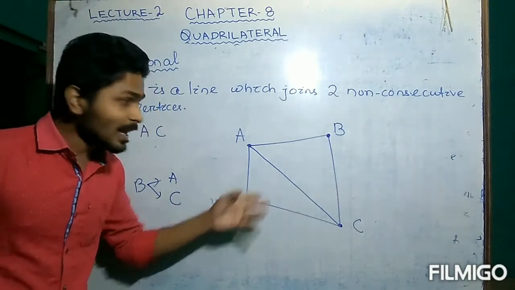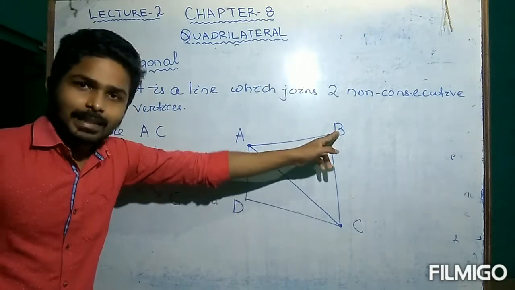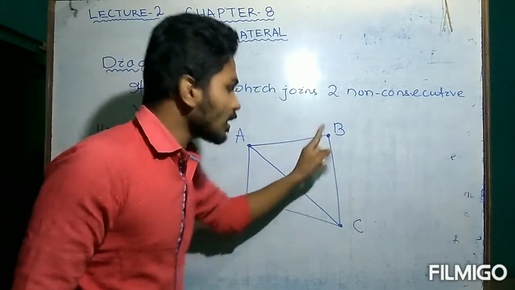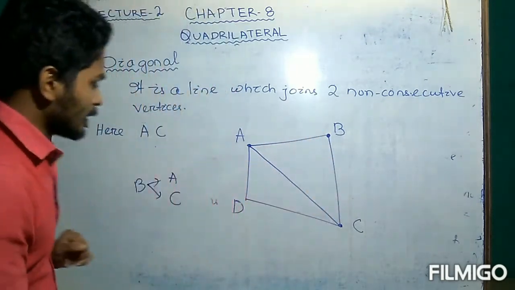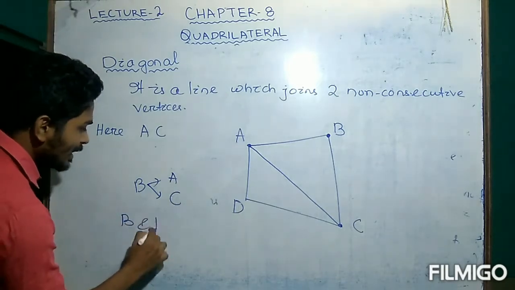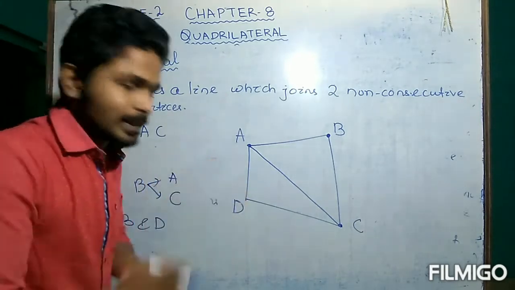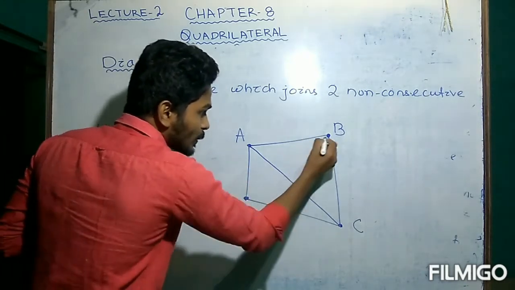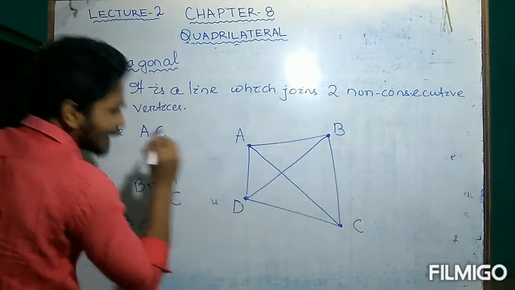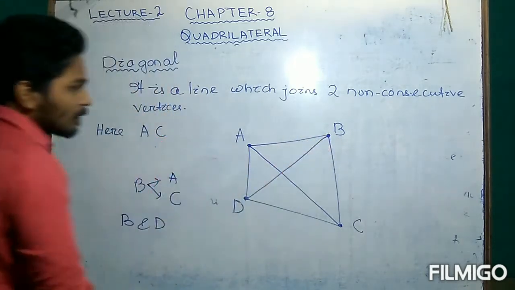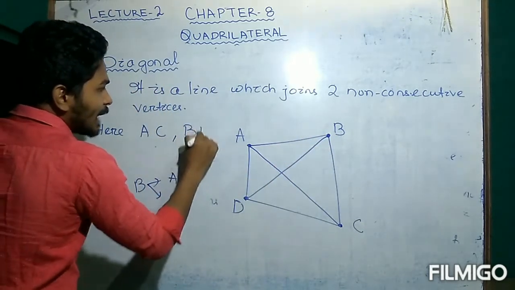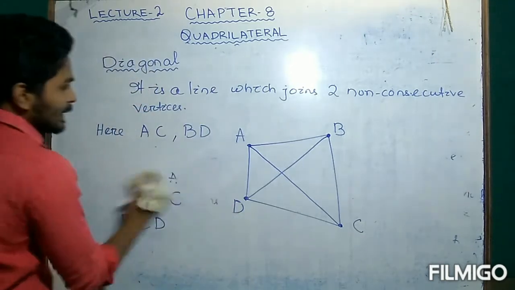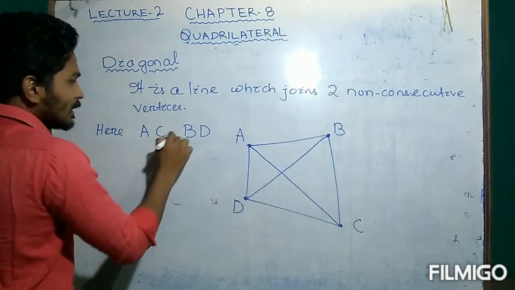This vertex D has no interconnection with B. That is why B and D are two non-consecutive vertices. In order to find the diagonal, we have to join these two non-consecutive vertices. So the name of this diagonal is BD, right?